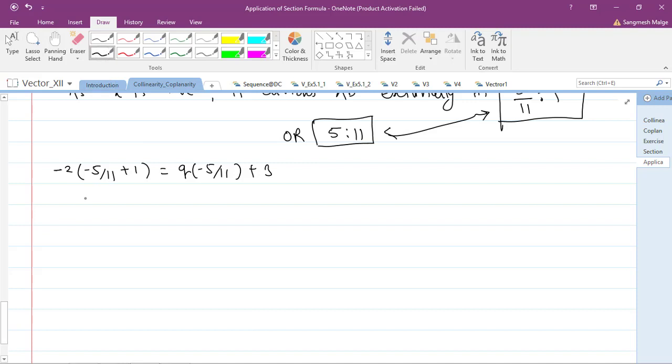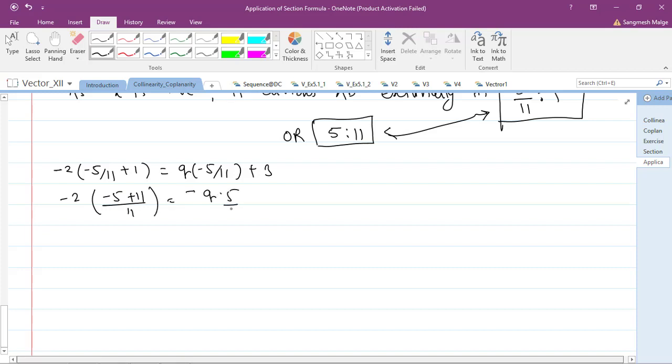So this will be equals to minus 2 into bracket minus 5 plus 11 upon 11 equals to minus q into 5 by 11 plus 3. So it is minus 2 into 6 by 11 equals to minus 5 by 11 into q plus 3.